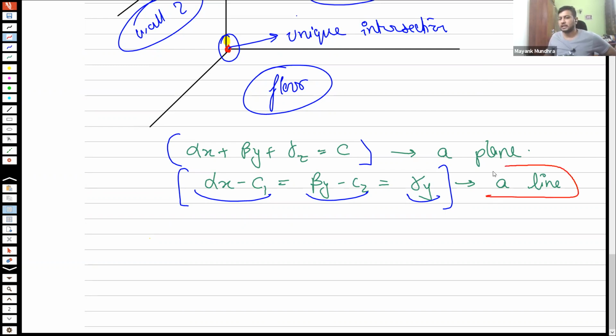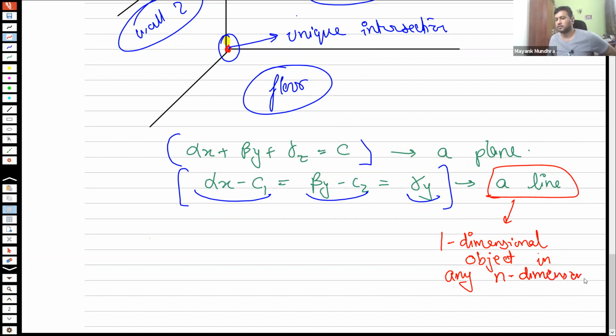A line in coordinate geometry is a one-dimensional object in any n-dimensional vector space.